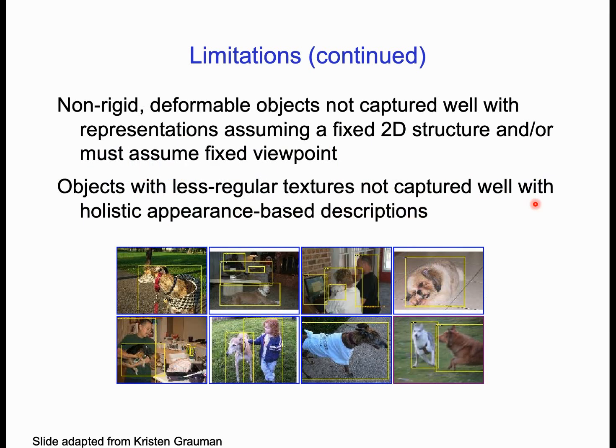Different objects of interest can be non-rigid, meaning that they can deform, and deformations are not very well captured with boxes or the sliding window approach. The representation assumes a fixed 2D structure or a fixed viewpoint. That's a big limitation. Objects with less regular textures cannot be captured very well, especially with holistic appearance-based descriptors.